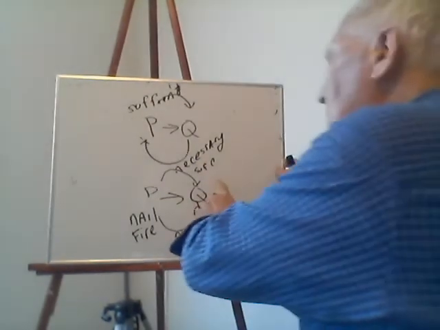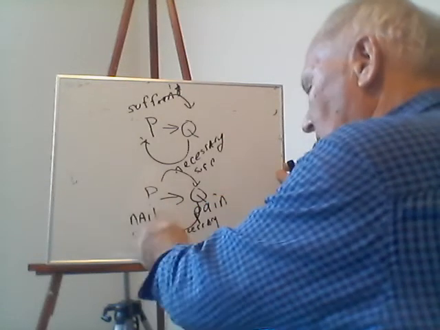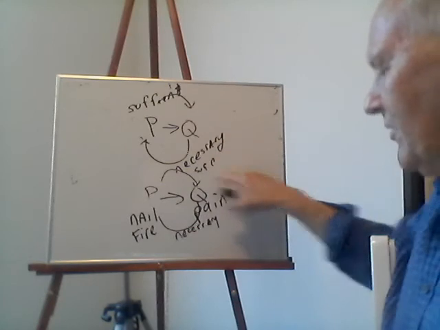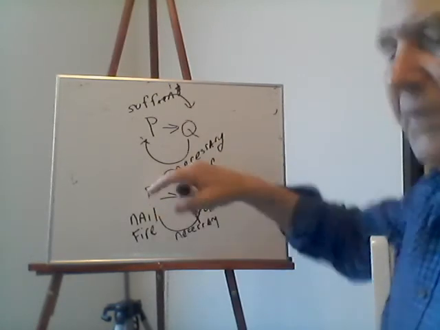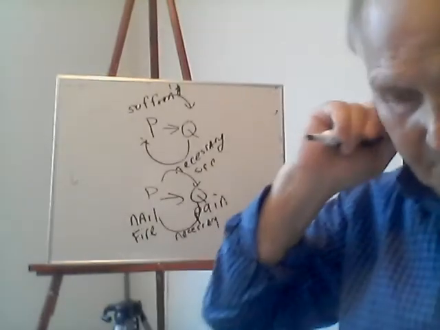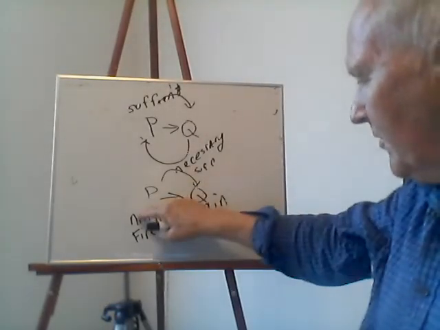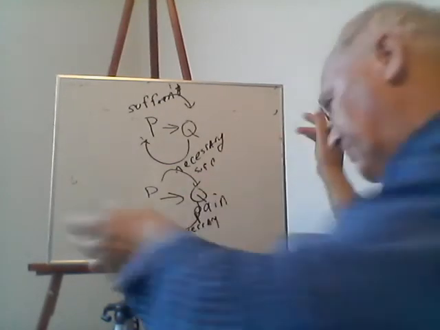So feeling pain is a necessary condition for stepping on a nail or for putting your finger in fire. Stepping on a nail is sufficient for feeling pain, and putting your finger in fire is sufficient for feeling pain, but these are not necessary. This is necessary for this.